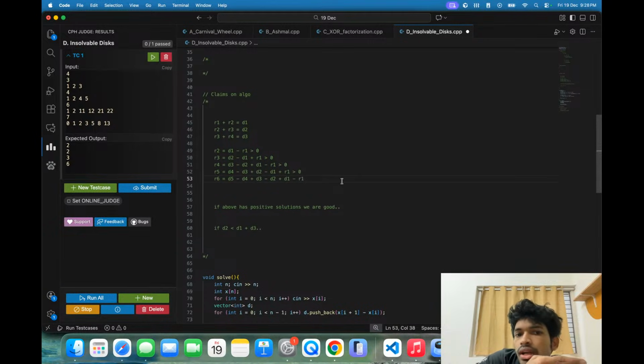Then you can go till here and you cannot add that to this, whatever you do. That's what it means, right?